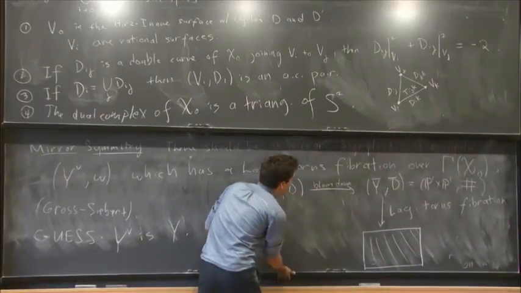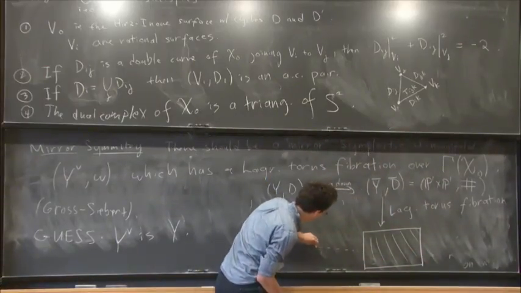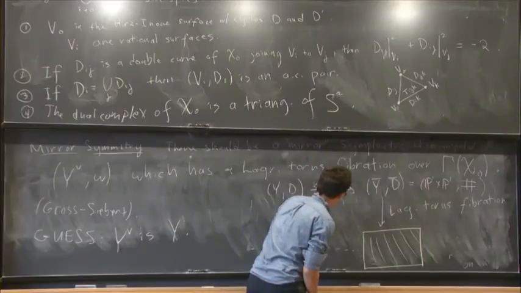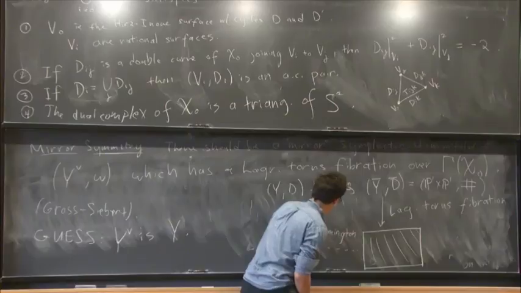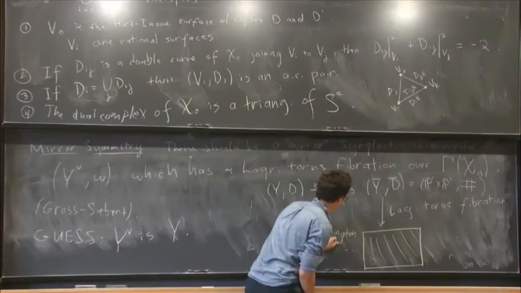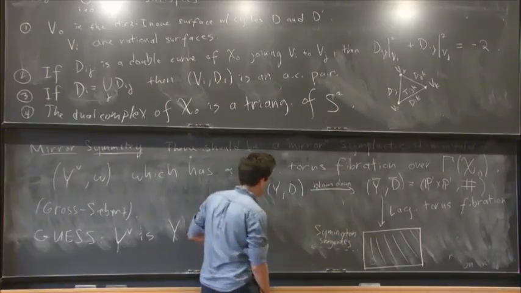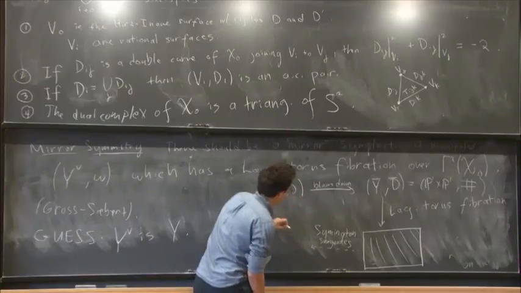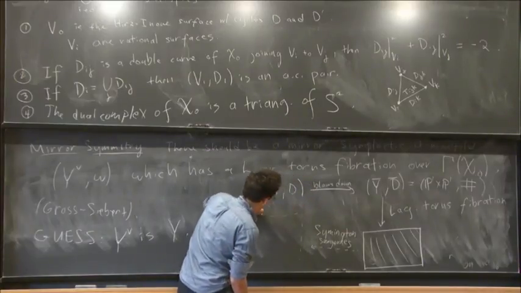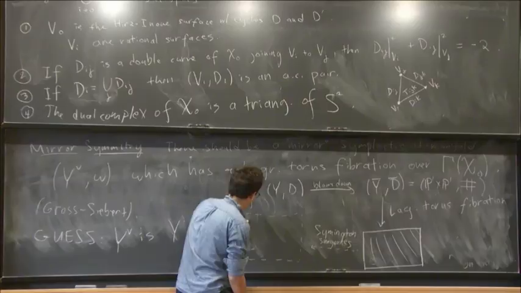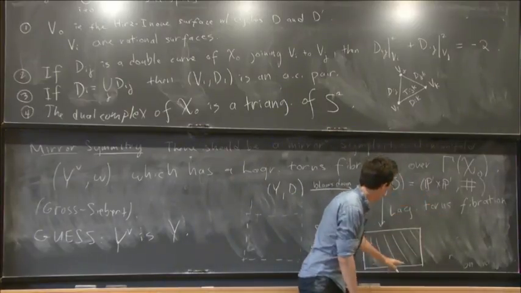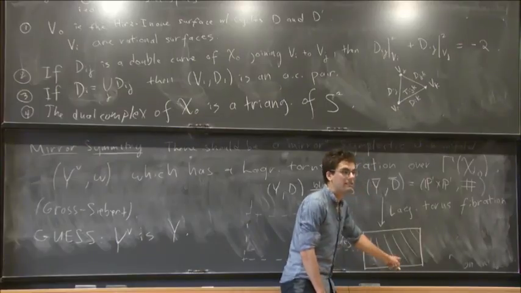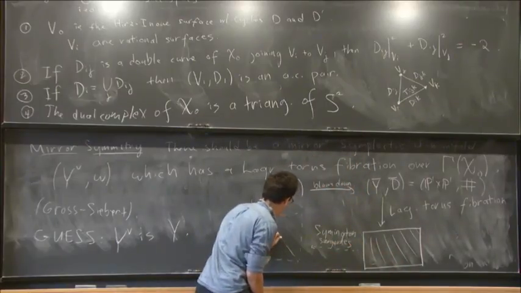And blowing up corresponds to a certain set of surgeries in symplectic geometry called Symington surgeries, in which for each blow-up on a component of P1 cross P1, you cut out a triangle resting on the associated edge.